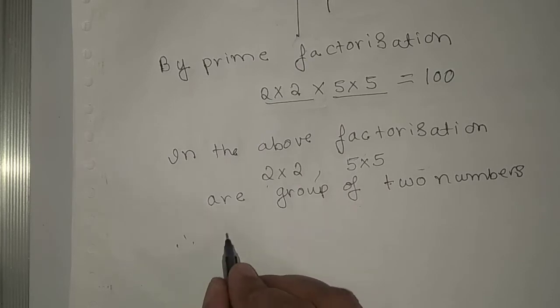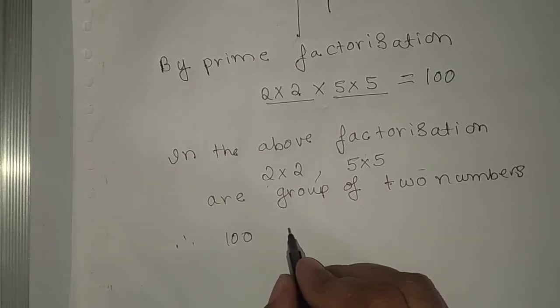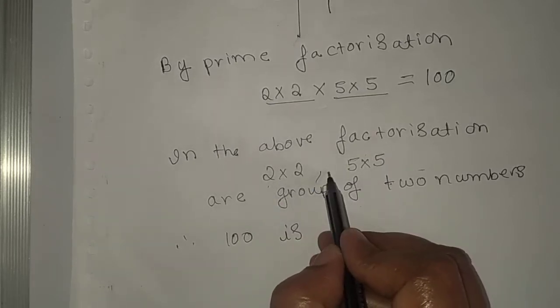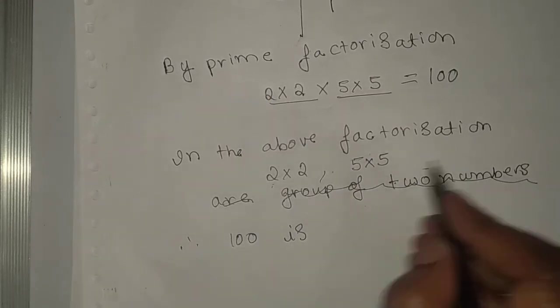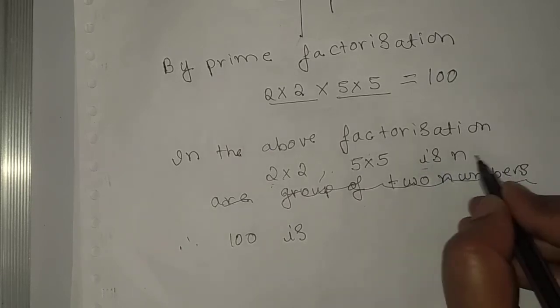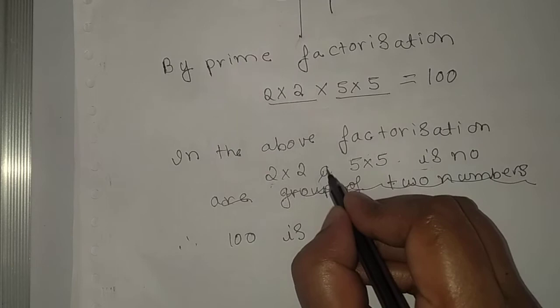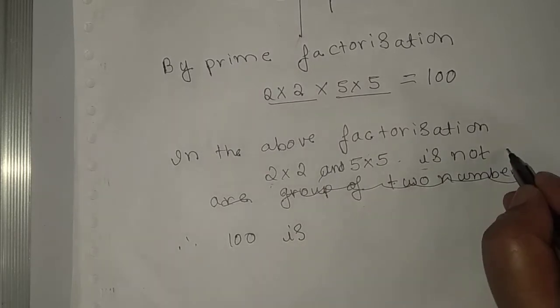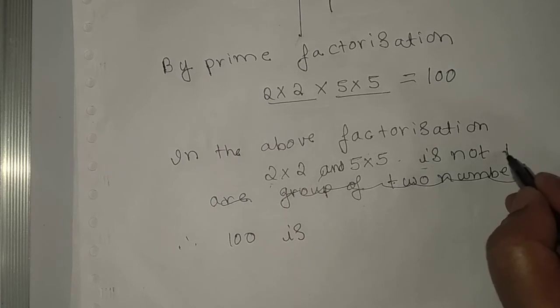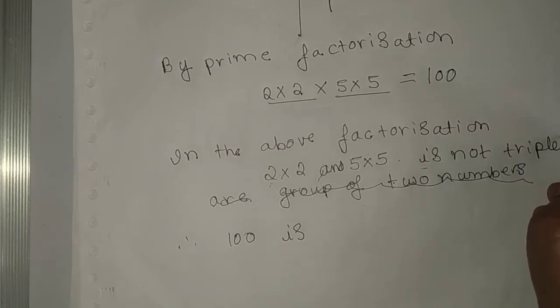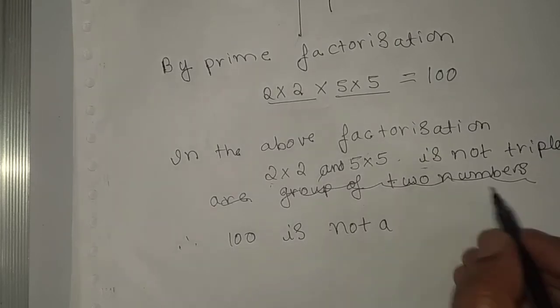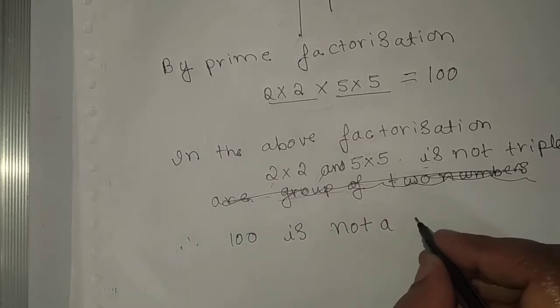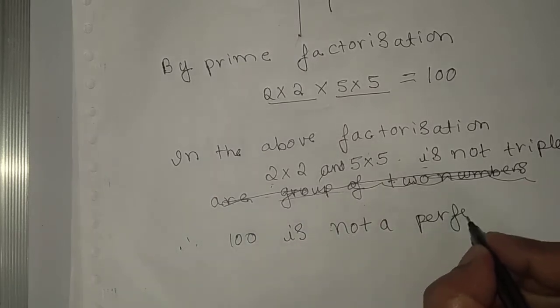Therefore, 100 is, group of two numbers is 2 into 2 and 5 into 5, and is not triplets. Therefore 100 is not a perfect cube.